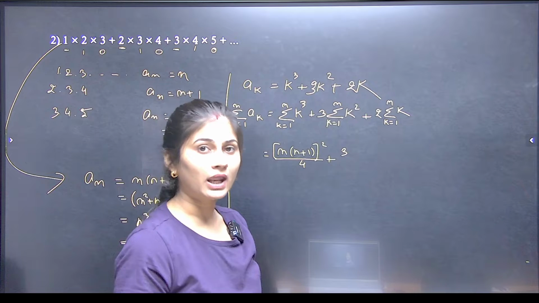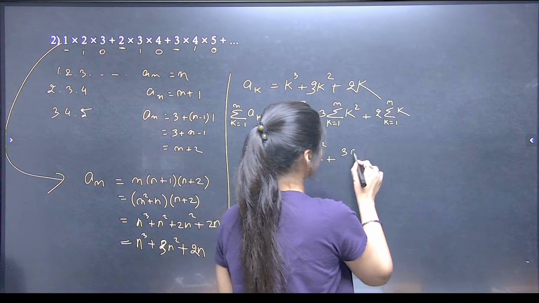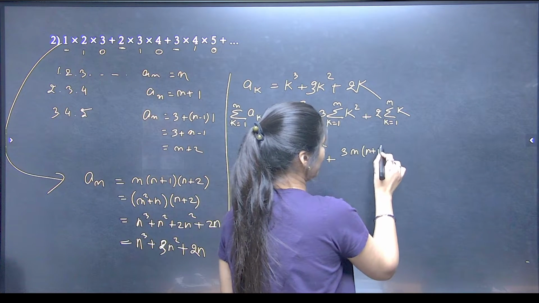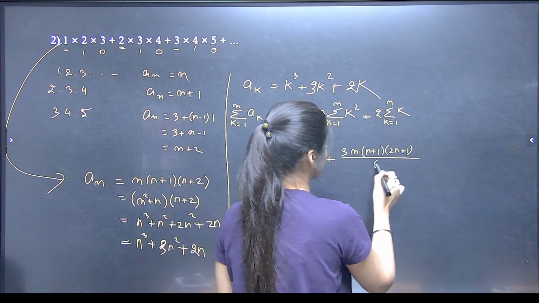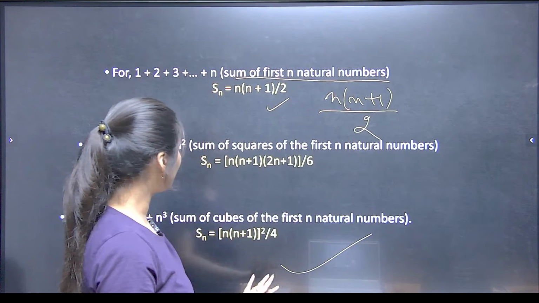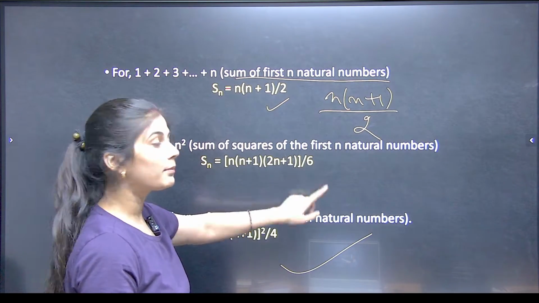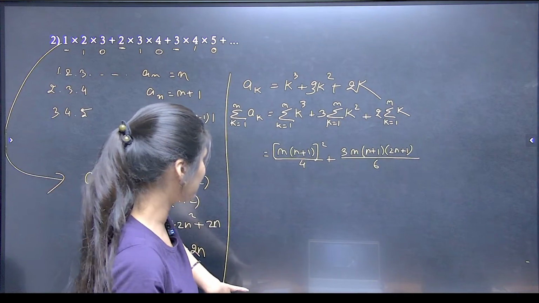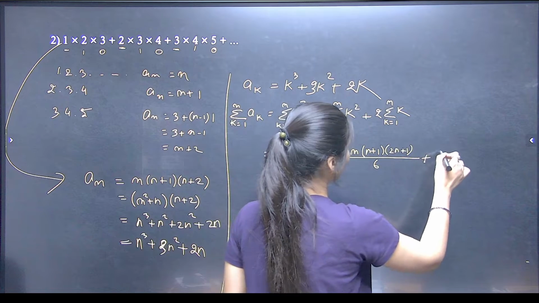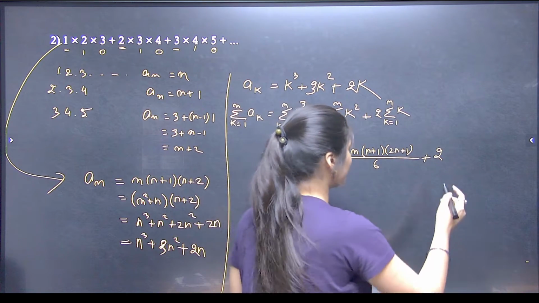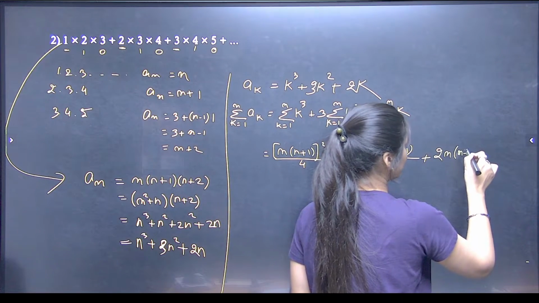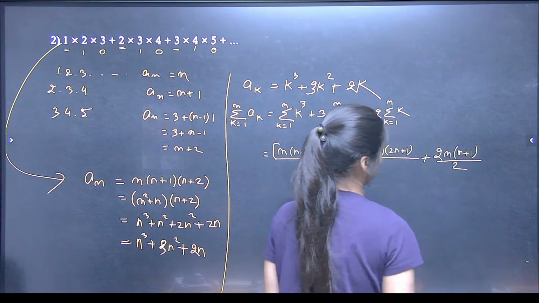So it is n into n plus 1 into 2n plus 1 by 6. I have applied the same formula, and then we have 2 into summation k, that is 1 plus 2 plus 3. So the sum of natural numbers is n into n plus 1 by 2.